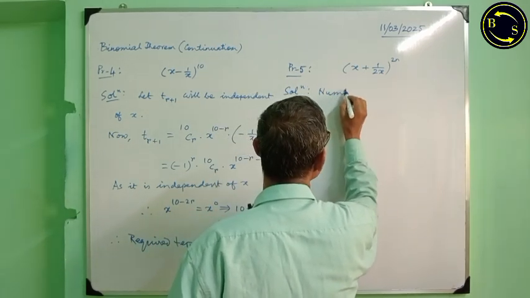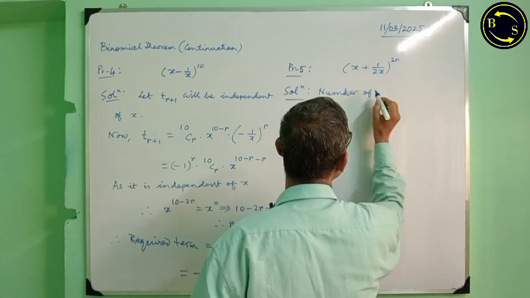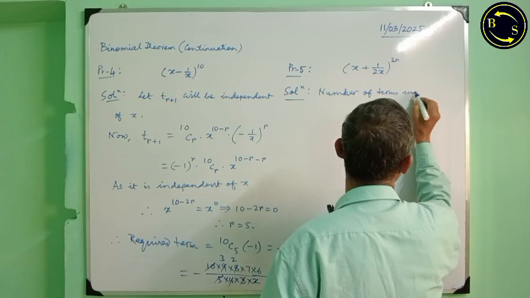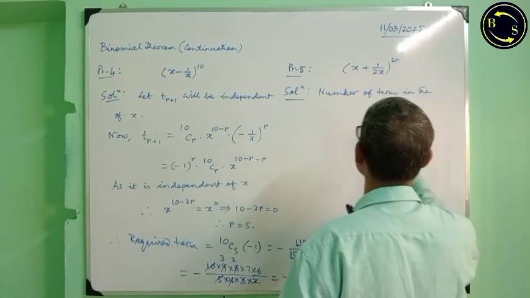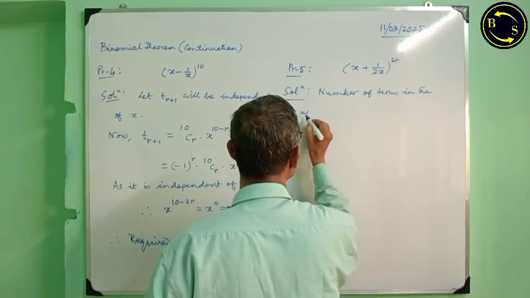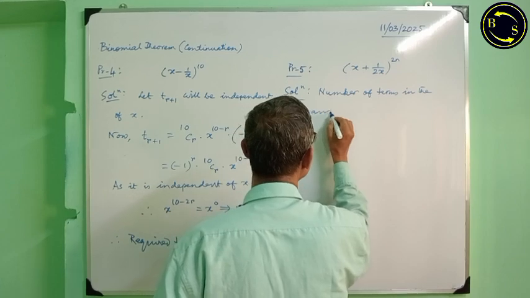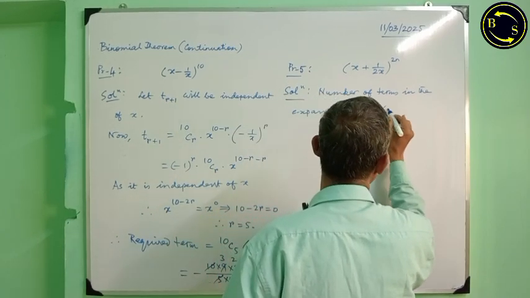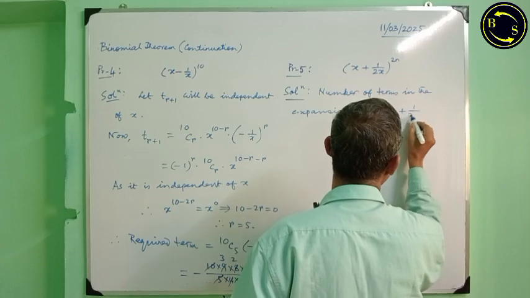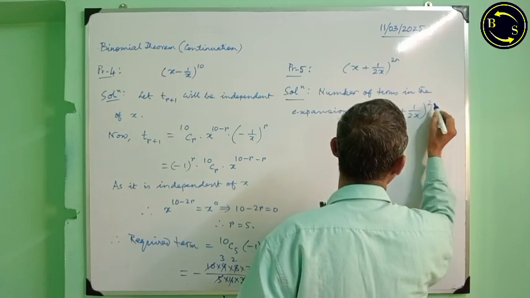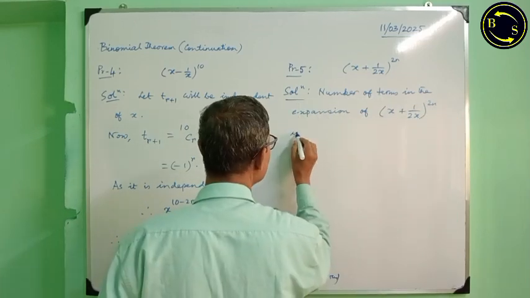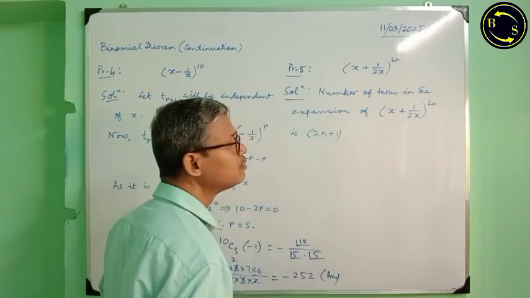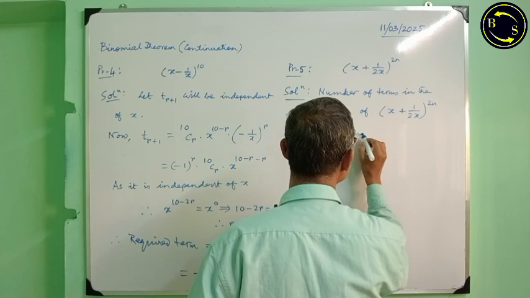Number of terms in the expansion of this is 2n plus 1, which is odd.